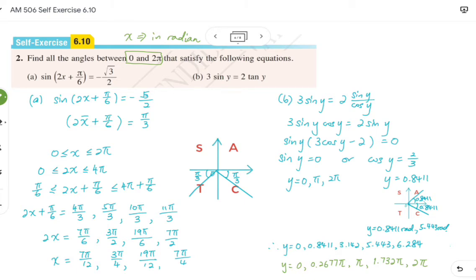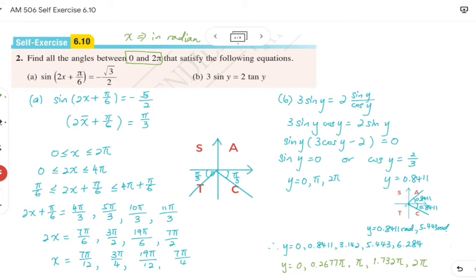So A, sine 2x plus pi over 6 equals to negative 3 over 2. The reference angle for the 2x plus pi over 6 is pi over 3, which is 60 degree. Alright? So, we put the pi over 3 in quadrant 3 and quadrant 4 so that the sine of this angle will be negative. Alright?